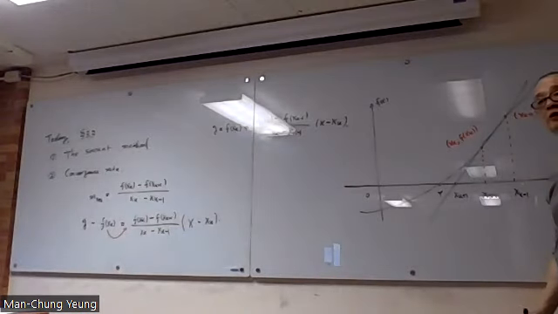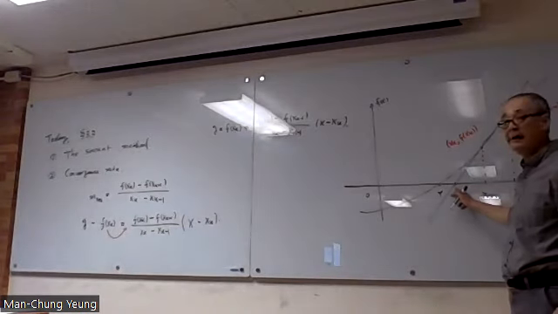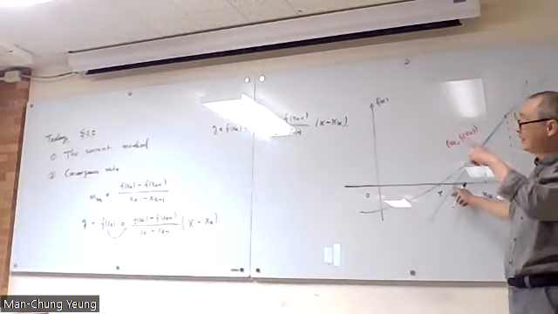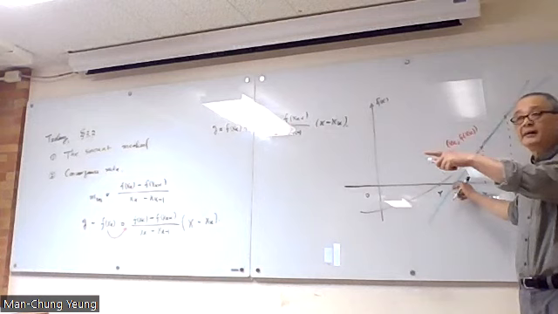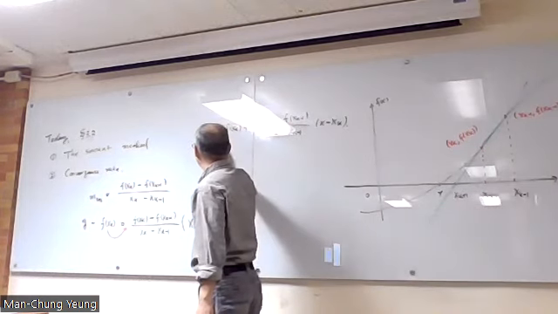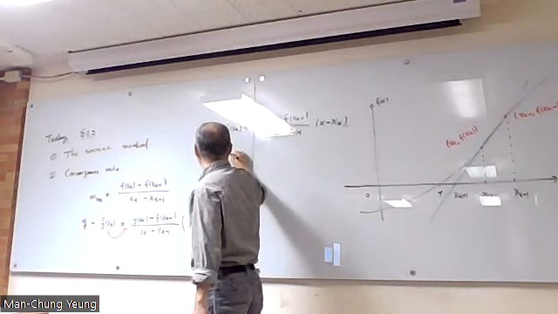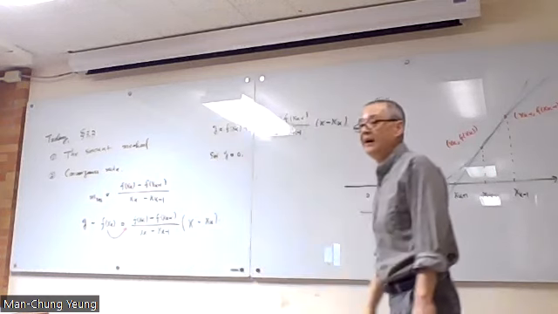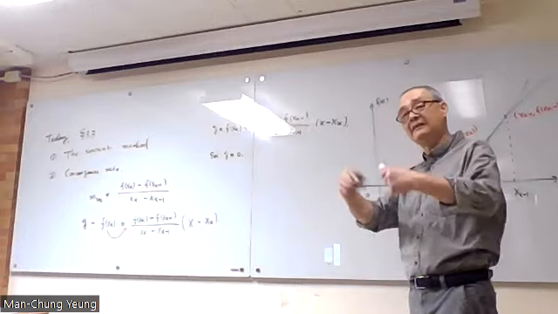I want to determine this intersection point, so I set y equal to 0 to find the x intersection point.